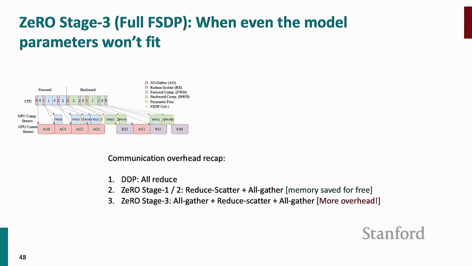And then you have to do a reduce scatter so that you can send the full gradient for whatever chunk of the parameter to the right GPU. And overall, that's like 2 all gathers plus a reduce scatter. So that's a lot more overhead than stages 1 and 2. But if you don't have enough GPU VRAM to even load your model onto a GPU, then this is what you have to do. All right. Any questions about MPI primitives or stages of ZeRO or FSDP?